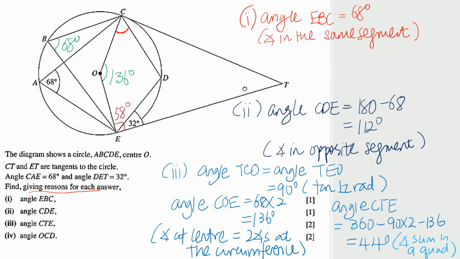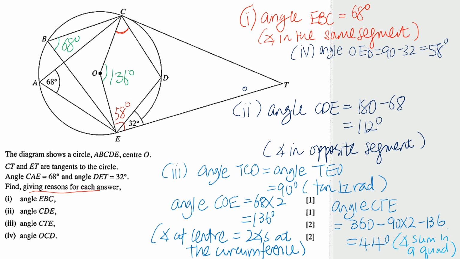I'm going to do part 4 here. We already explained that OET is 90 degrees, so we don't need to explain that anymore. But angle OED would just be 90 minus 32, which gives you 58 degrees.